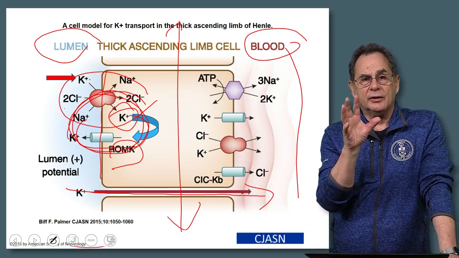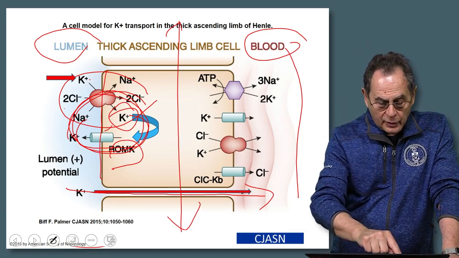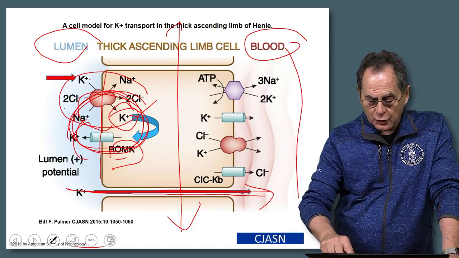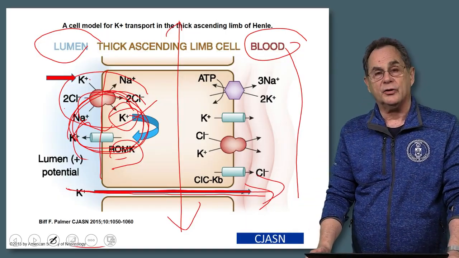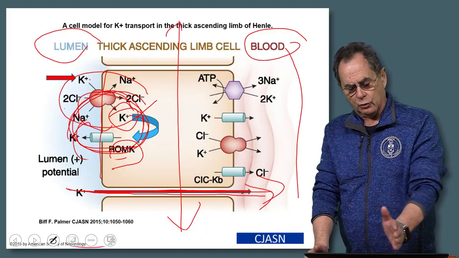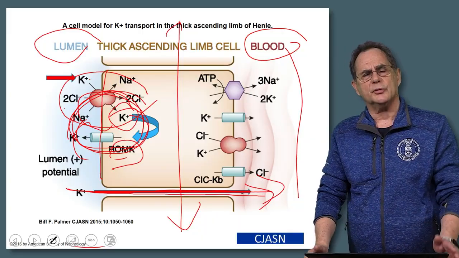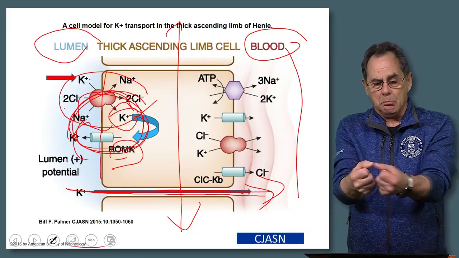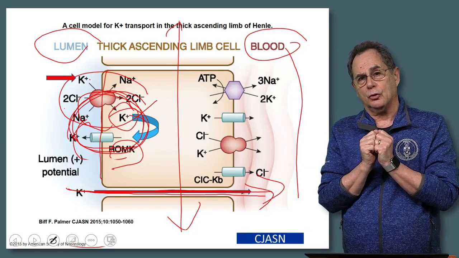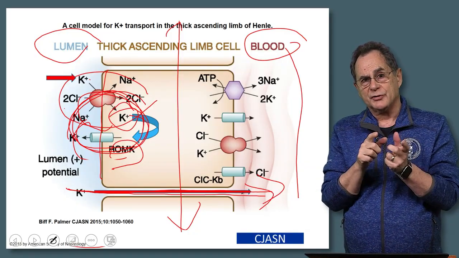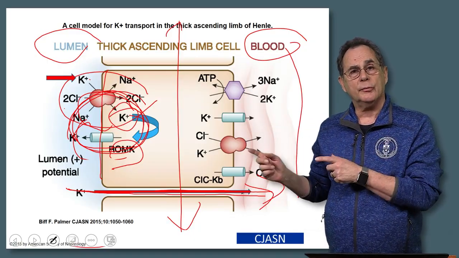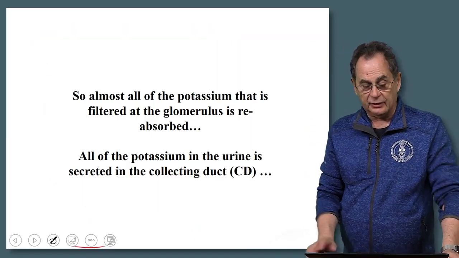So the thick ascending limb has a mechanism for reabsorbing and partially recycling potassium, and there's also the paracellular movement of potassium, really electrical chemical gradients driving that reabsorption. So the thick ascending limb mops up the potassium that remains within the lumen. So potassium gets out of the lumen in the proximal tubule and it's removed from the lumen in the thick ascending limb.